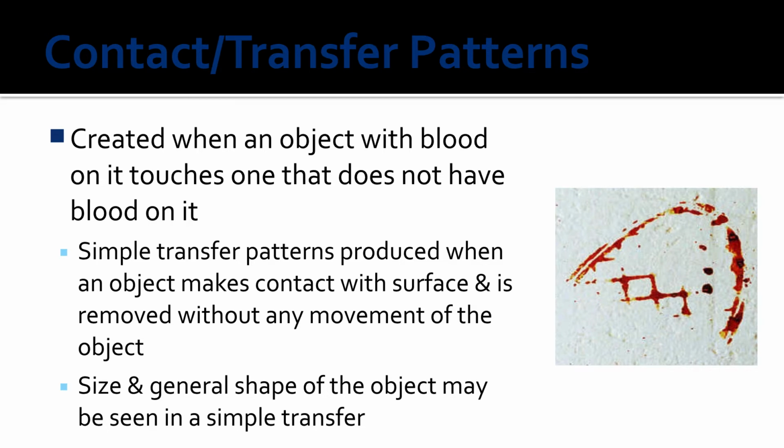The size and the general shape of the object may be seen in a simple transfer pattern, and so this can help investigators determine maybe what size shoe that individual wears.